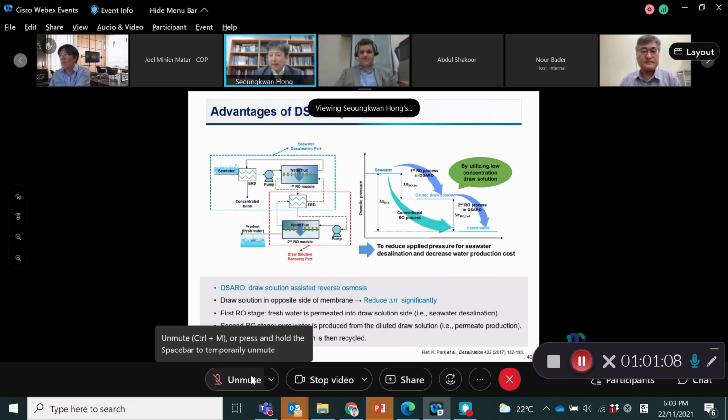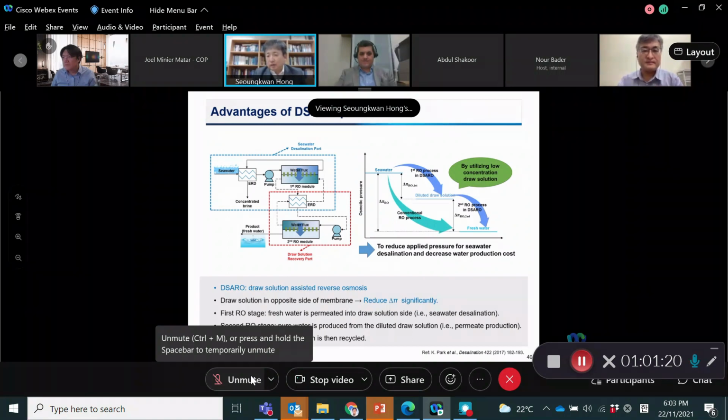But from what I see of CDI performance, I think CDI can reduce the boron further, below the concentration limit, like 0.5 ppm.